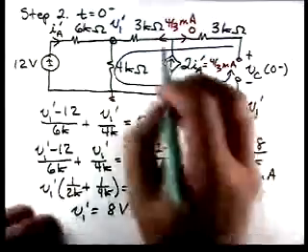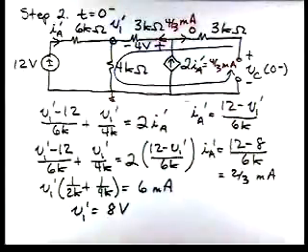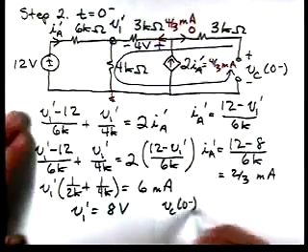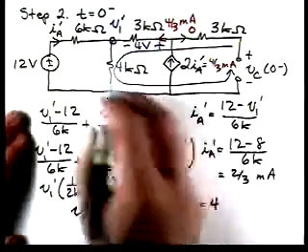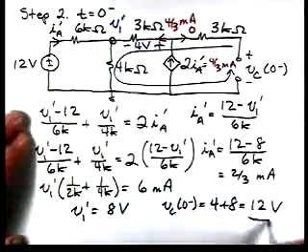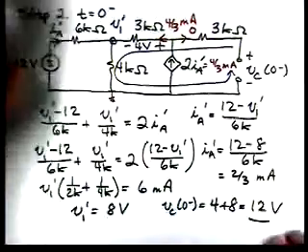And then that tells us that there's 4 volts across that 3K resistor. So then VC 0 minus is 4 plus V1 prime, 4 plus 8, and that gives us that initial capacitor voltage is 12 volts. Now that completes our analysis at t equals 0 minus.